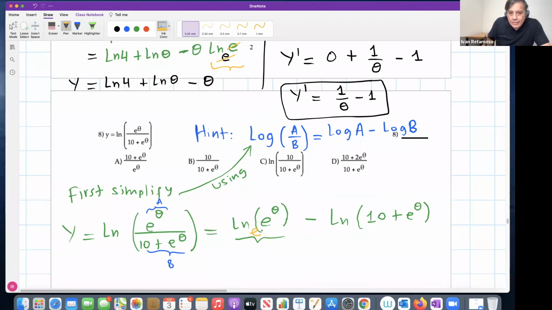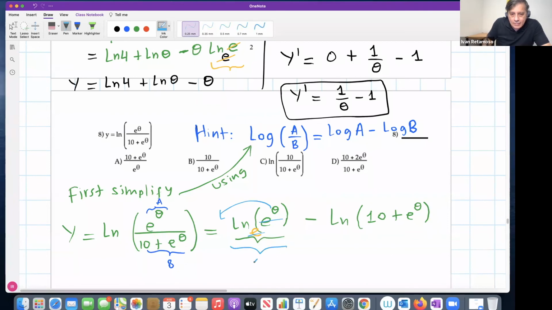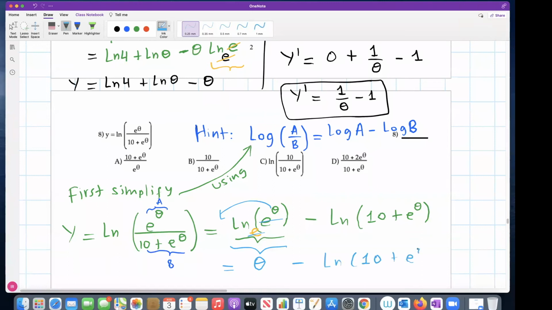Base e, they cancel, right? So try to follow that. That will help you. e with e cancel. This is just theta, and minus that, and then take the derivative.